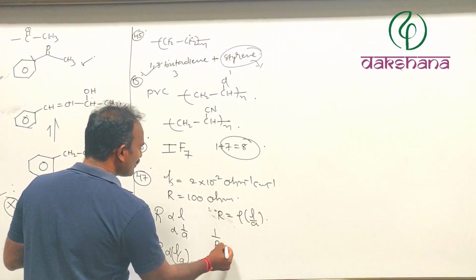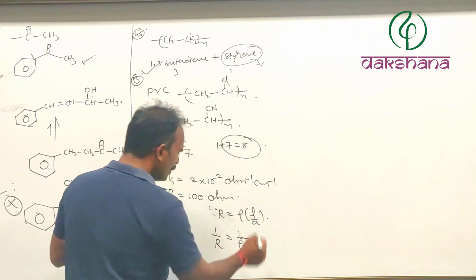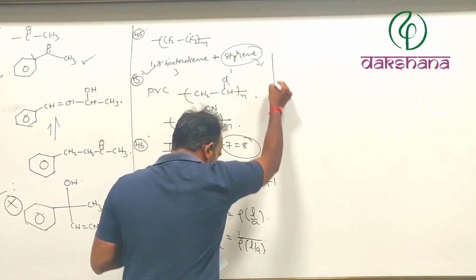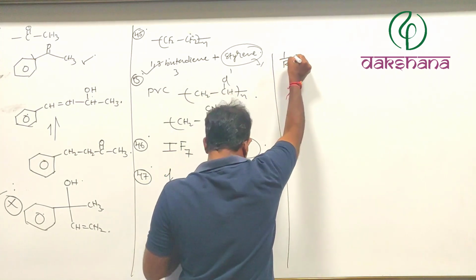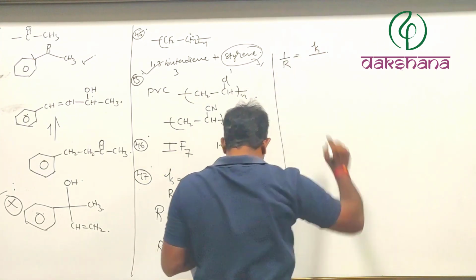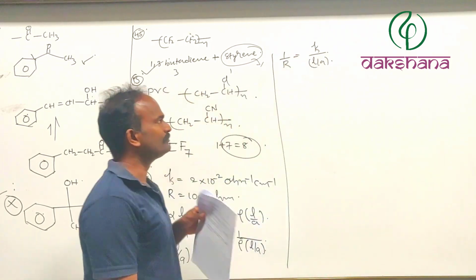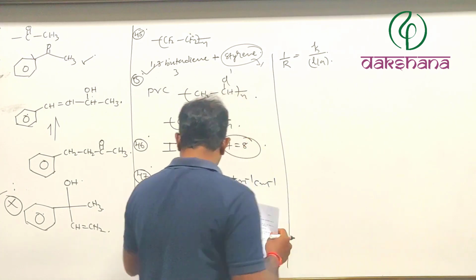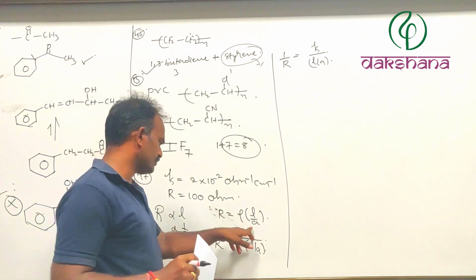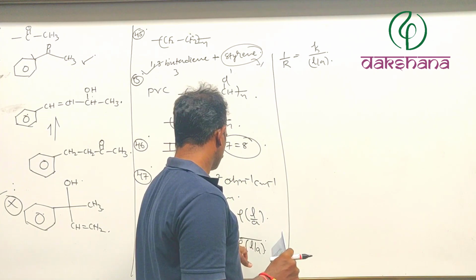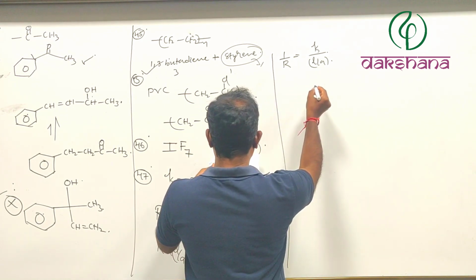Now 1 by R is equal to 1 by rho into L by A. Now 1 by rho is called K, such that 1 by R, the conductance, is equal to K divided by L by A. What we have to find out here is the cell constant.